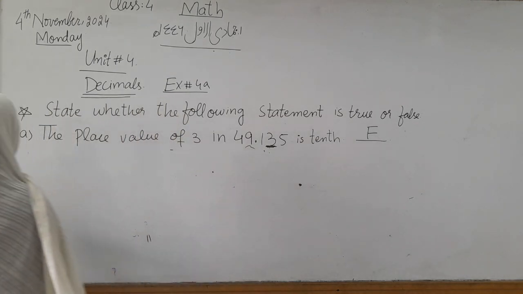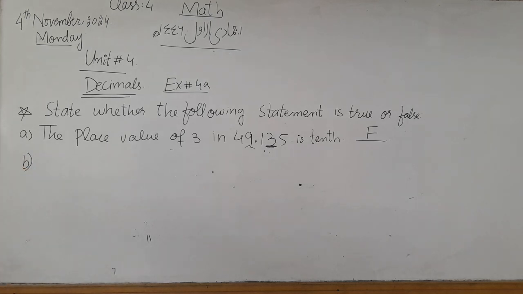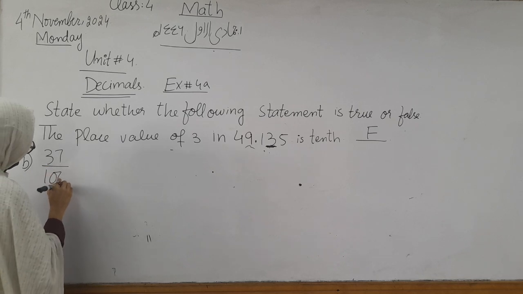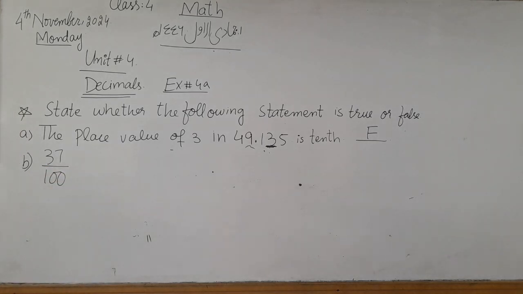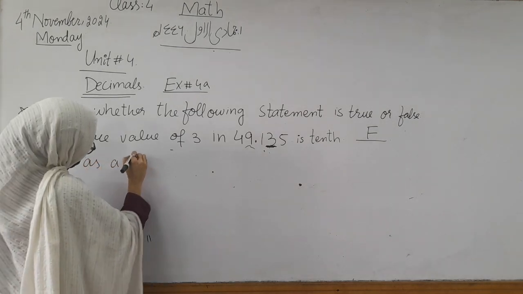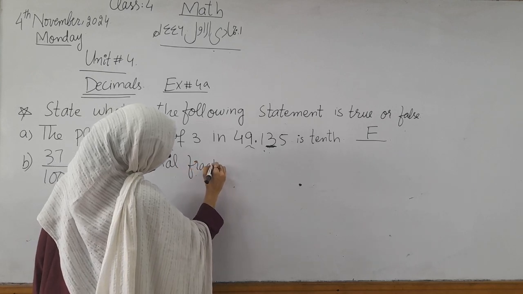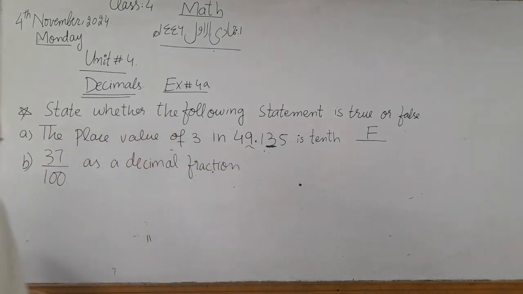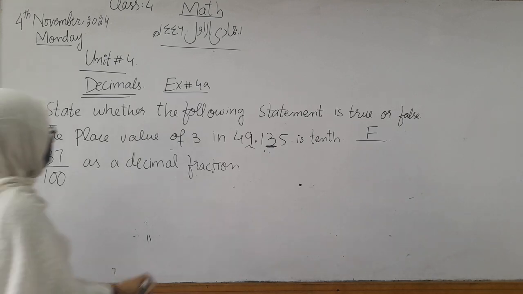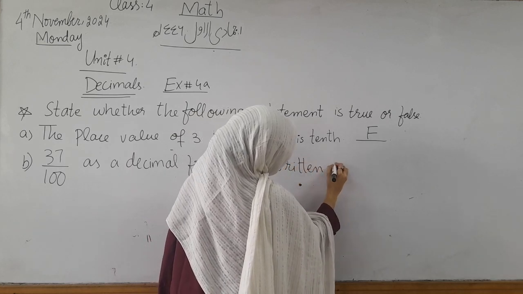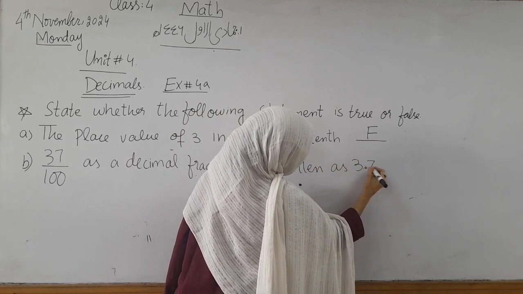Now we have B part. In B part we have 37 by 100 as a decimal fraction is written as 3.7.